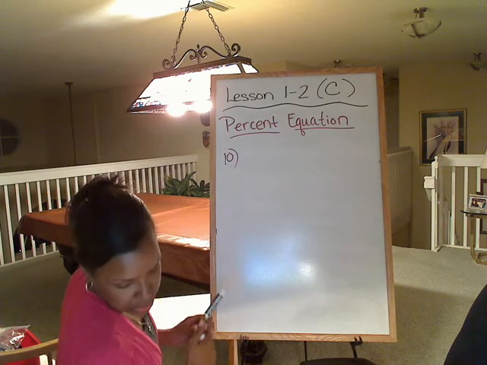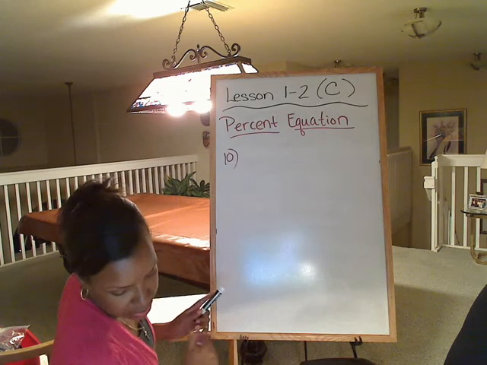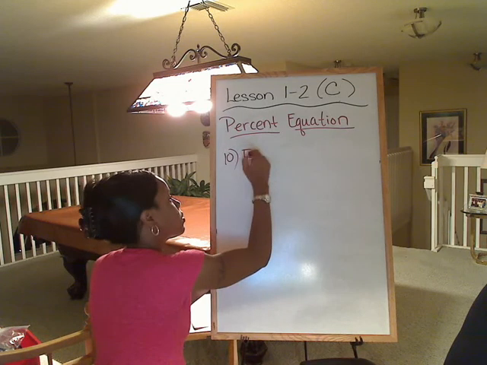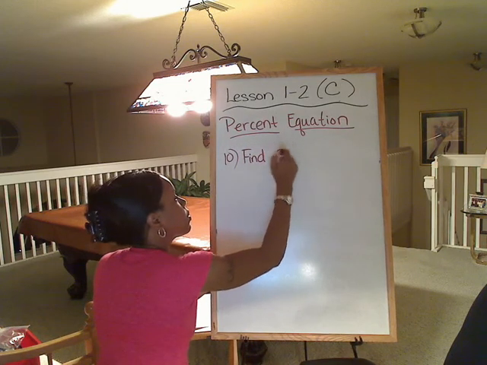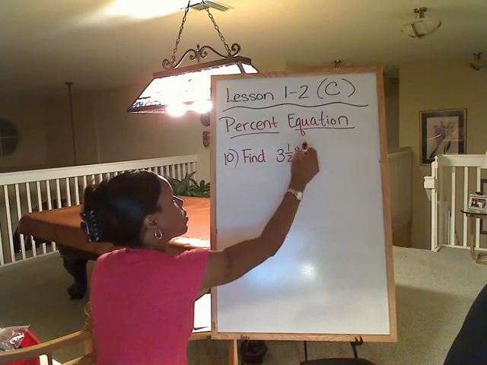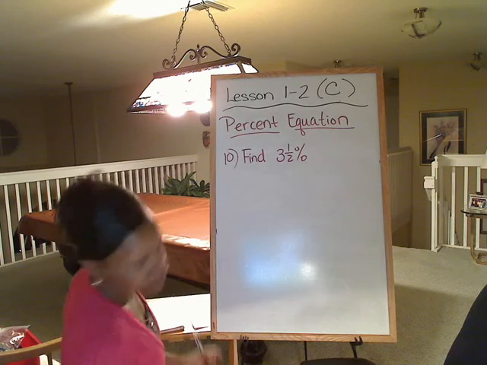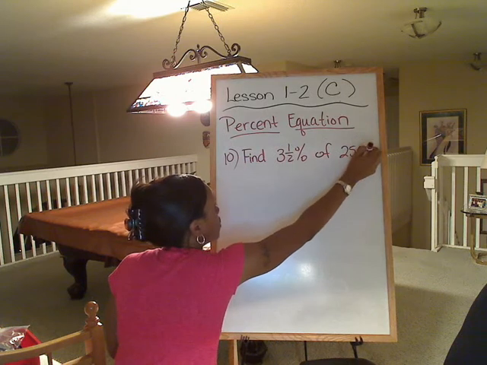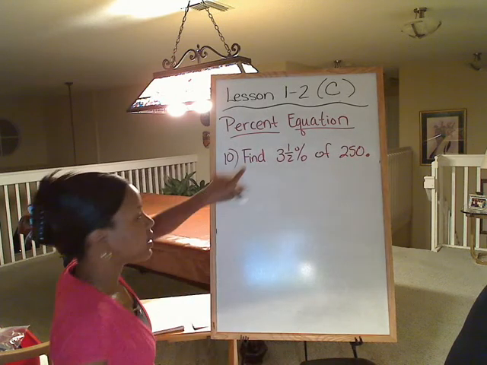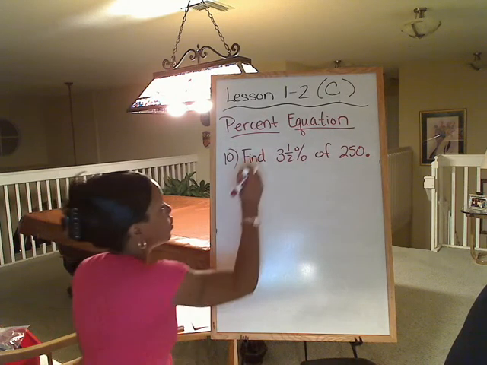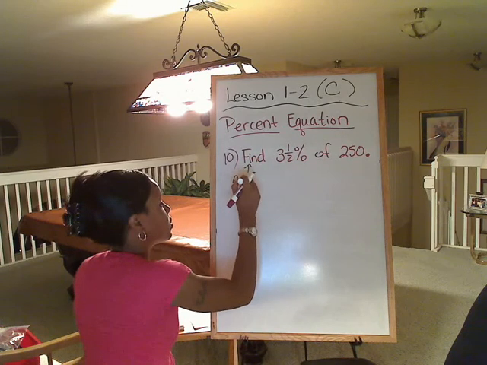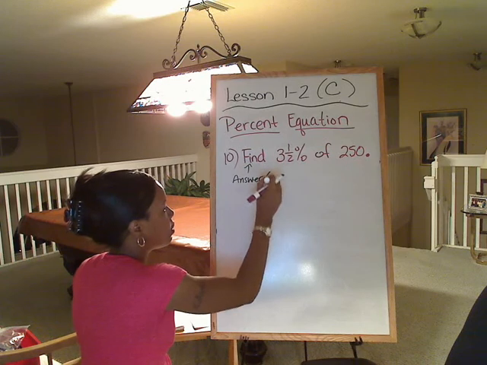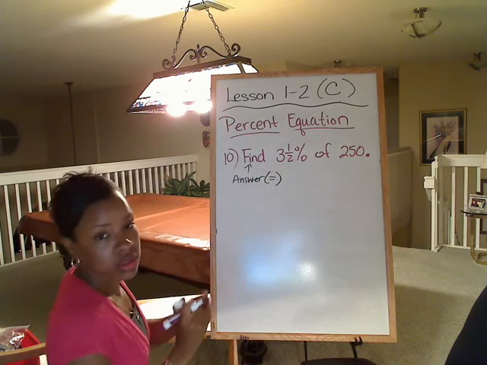Number 10 says find 3.5% of 250. So when they say find, that's another word for they want the answer, right? So that's going to help us know they want to know what this equals.